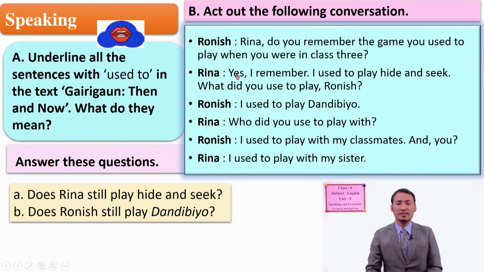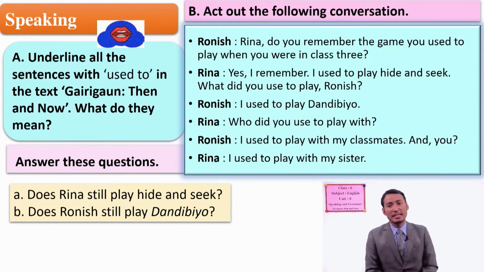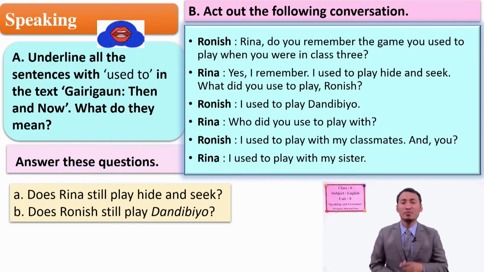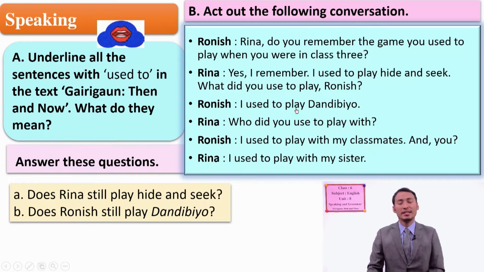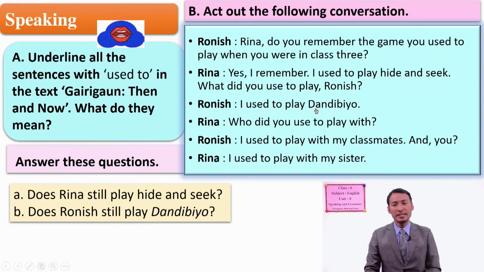Yes, I remember. I used to play hide and seek. What did you use to play, Ronis? Now, she remembers one game, that is hide and seek, and she also asks Ronis. He says, I used to play Dundee. Another game. This is the name of a game you might have heard or seen also.